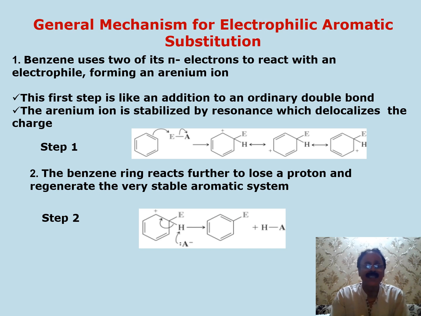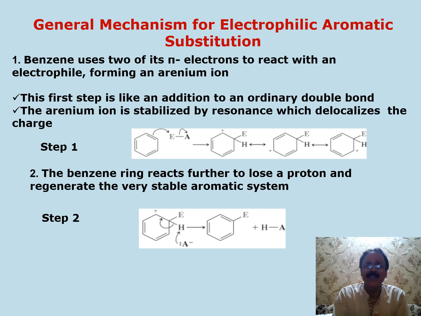You can see in the slide that in step 1 there is attack of the electrophile. The electrophile attacks the benzene ring, and as a result a cation called arenium ion is formed, and as soon as this arenium ion is formed, it is stabilized by resonance.